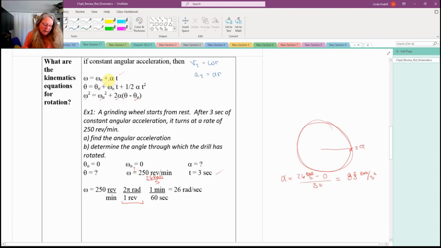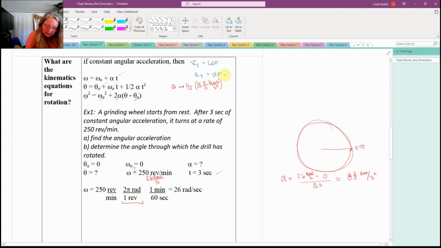We've just solved for alpha, so this is just a straightforward step of going 1/2, the magic one-half, times 8 and 2/3 radians per second squared, and then times my time squared.